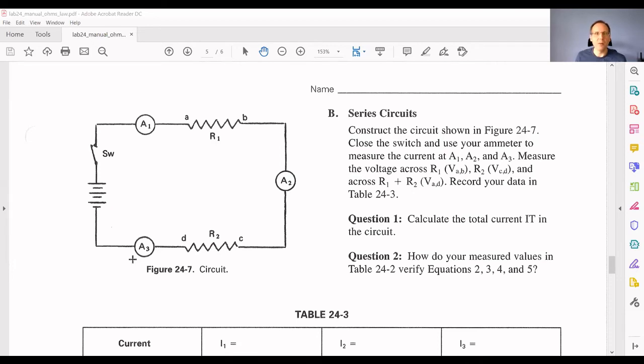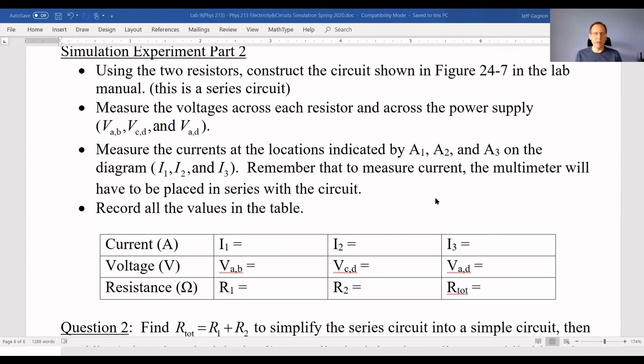Okay, so we're back at the handout. So you're going to construct that series circuit. Again, you're going to measure the voltage across the battery. This is the power supply, but they mean battery in this case.